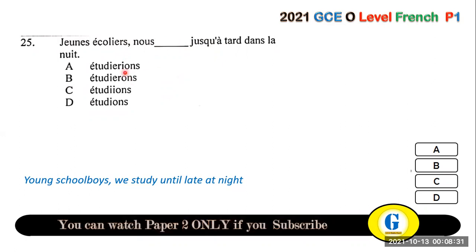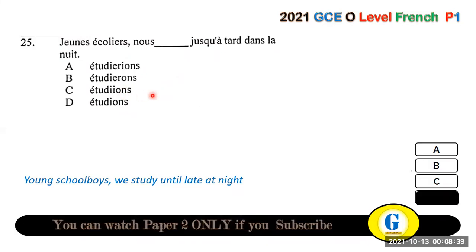Normally we study, right? We want to see which of the studies here we should use. Nous étudierions, or it's best to say nous étudions. We study. So it's just like simple present tense. Nous étudions jusqu'à tard dans la nuit. So we study until late at night.